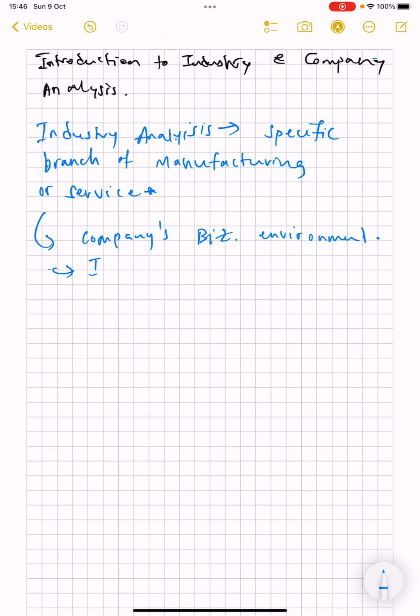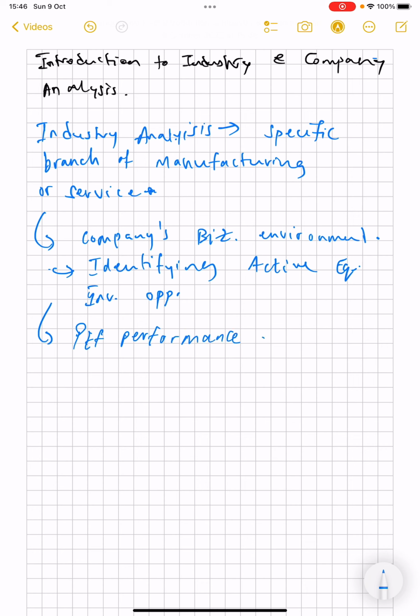for identifying active equity investment opportunities, and for portfolio performance attribution.